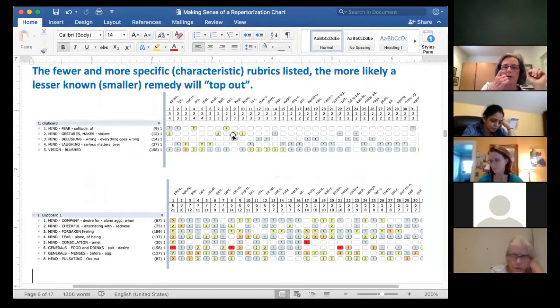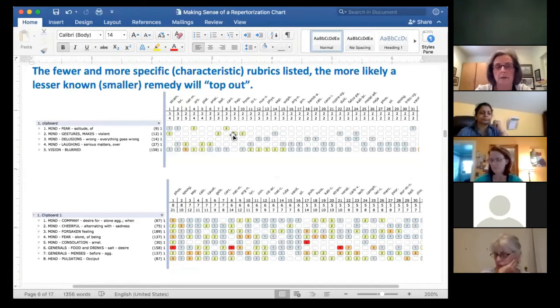Okay, so here's an example of fewer rubrics and very specific rubrics being put into a repertorization. This first one has 5, and only 3 of them have actually shown up in the rubrics, but stramonium, which is not a large remedy, is at the top.